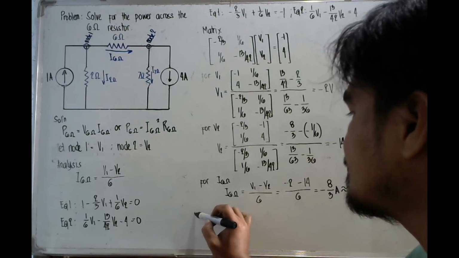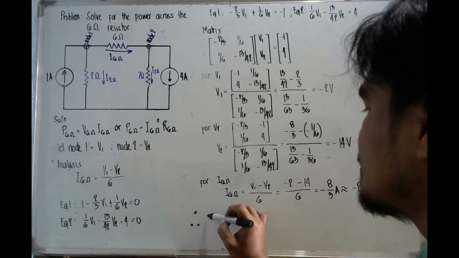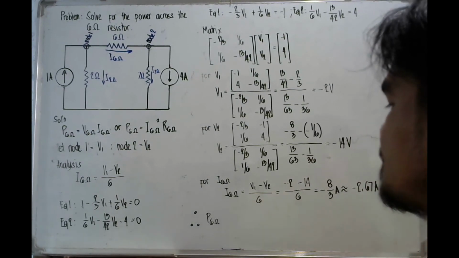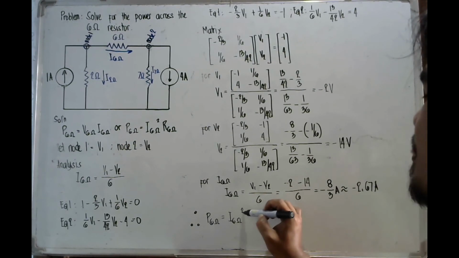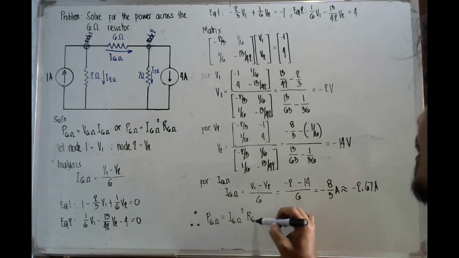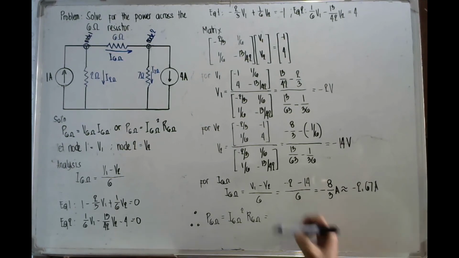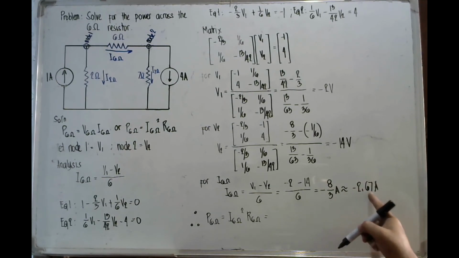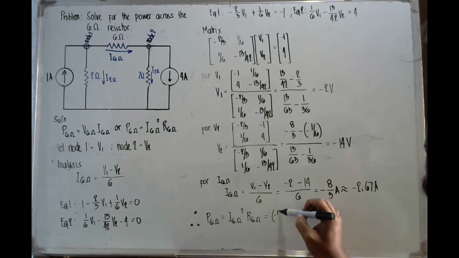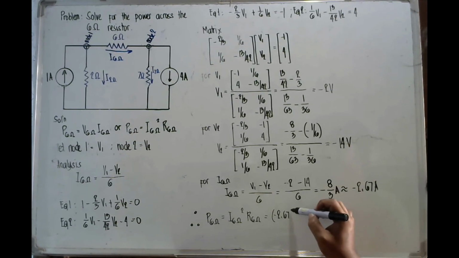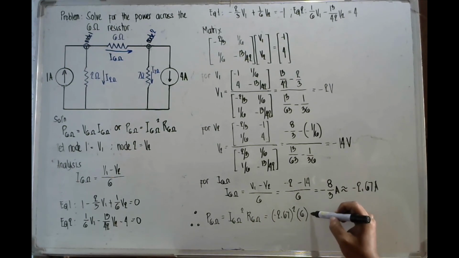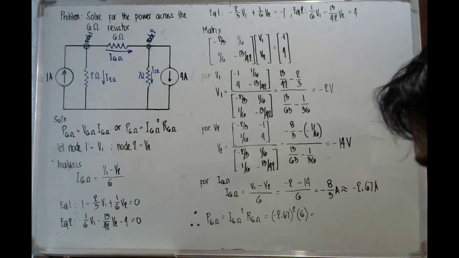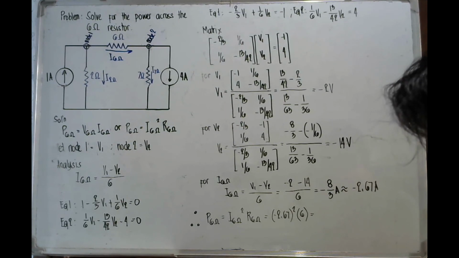So therefore, your power at 6 ohms is equal to I6 ohms squared times R6 ohms. Substitute the values: negative 2.67 squared times 6.